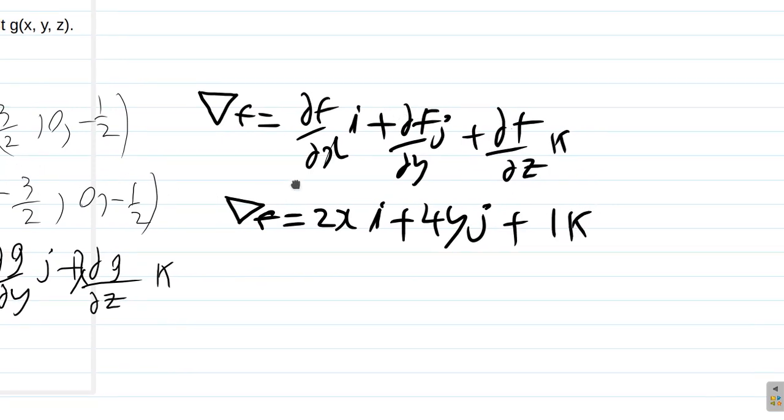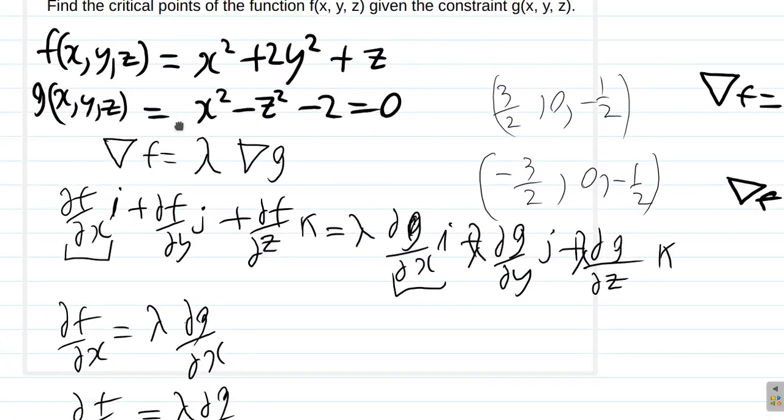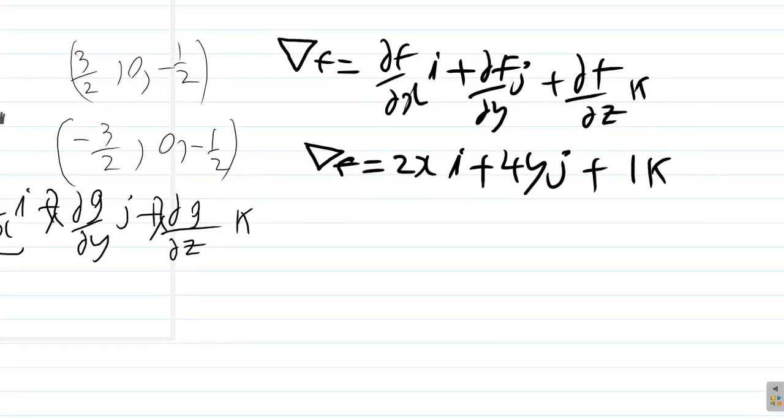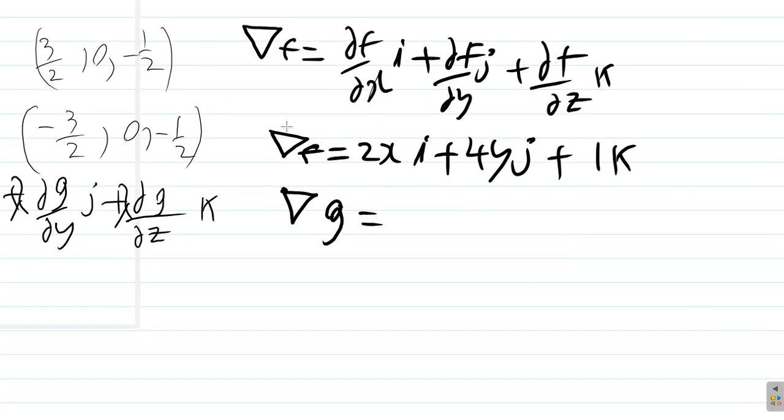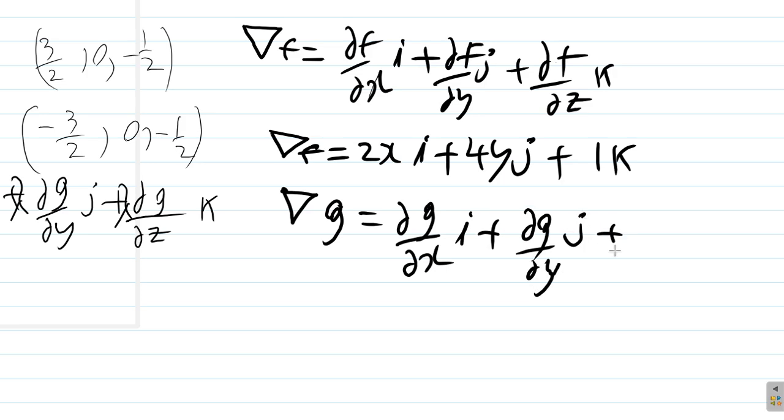Good. Now we're going to find the gradient vector of the constraint g. So it's going to be delta g by delta x in the i direction plus delta g by delta y in the j direction plus delta g by delta z in the k direction.